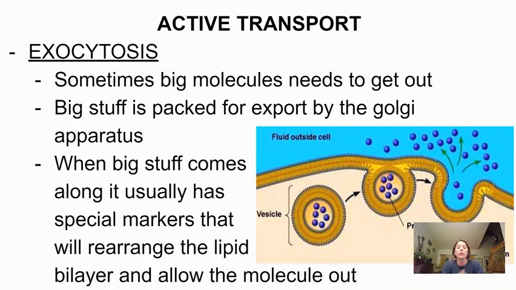If there are little molecules that need to be released, they get released. If they are little molecules that now need to become part of the cell membrane, like those protein channels, that's how they become a part of the phospholipid bilayer. So they're manufactured inside the cell, packaged by the Golgi body into a vesicle, and then they fuse and become a part of the phospholipid bilayer.